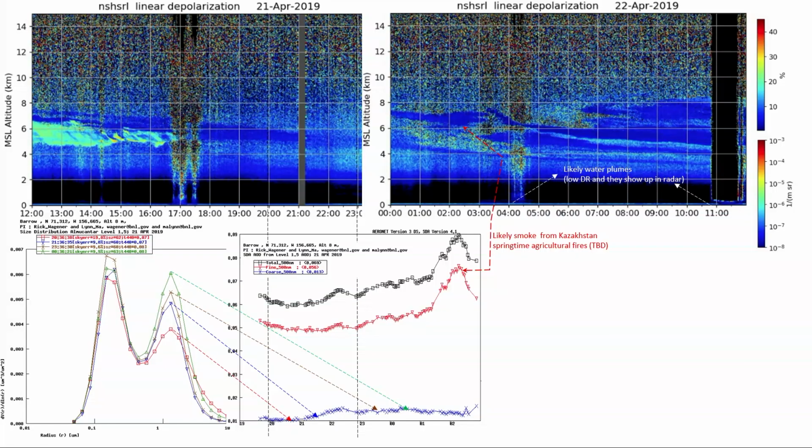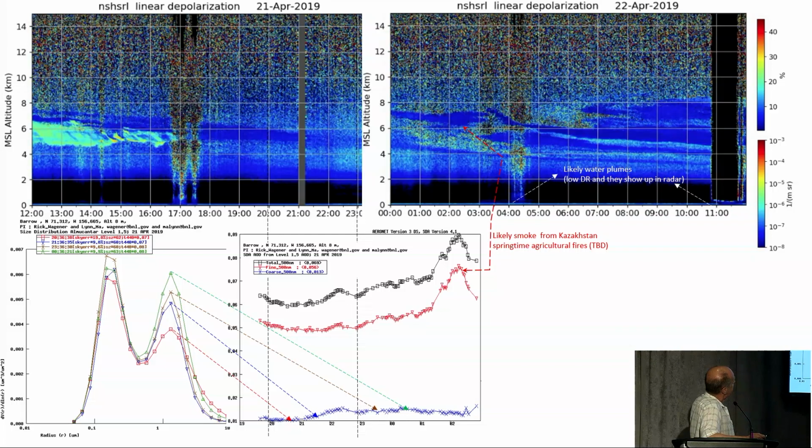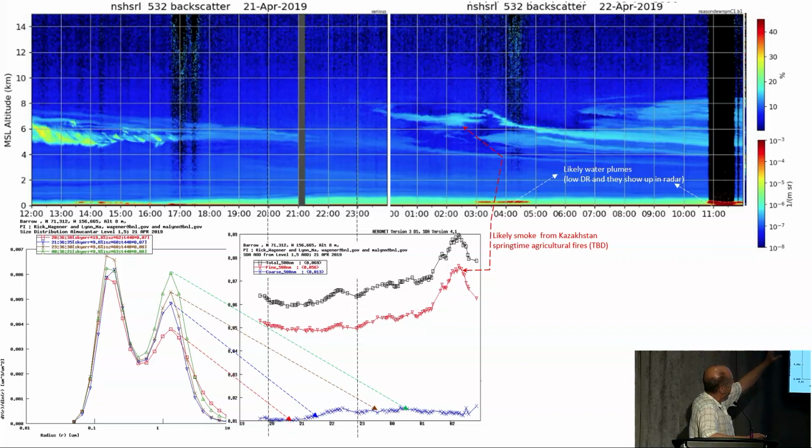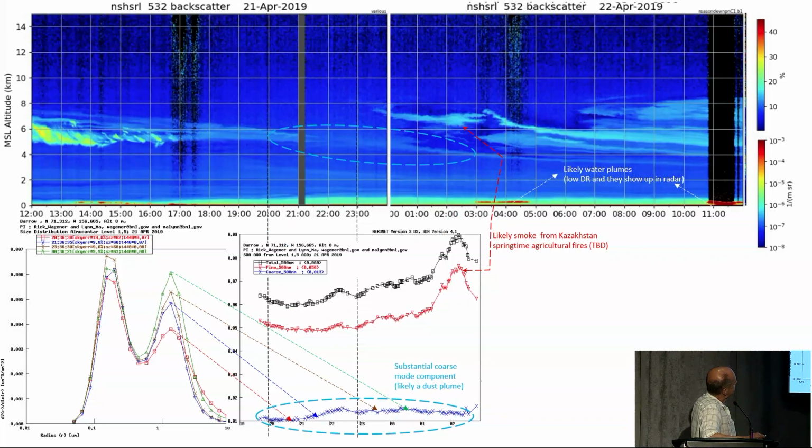Here is an event we're very interested in over Barrow. There's a lot going on, but where we see these ellipses, we believe that's Asian dust, and the back trajectories confirm it.